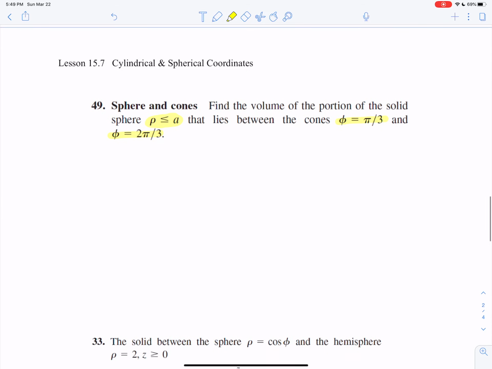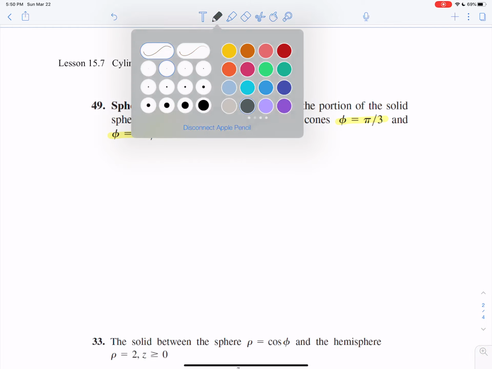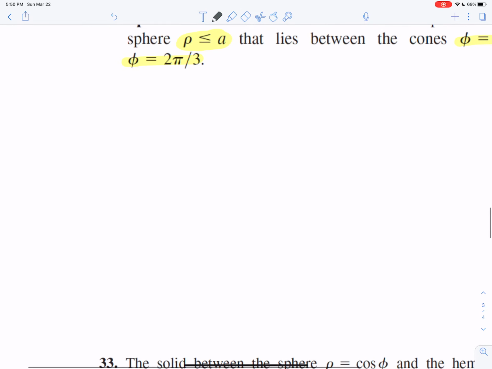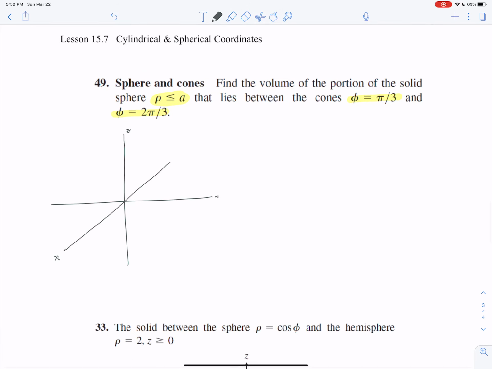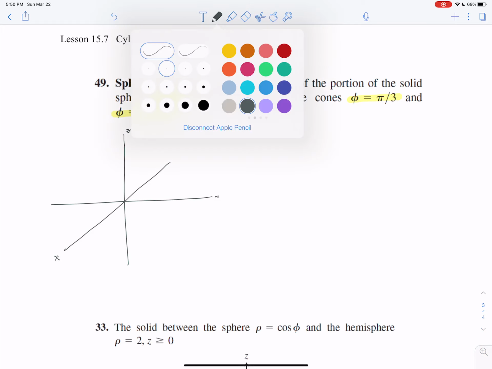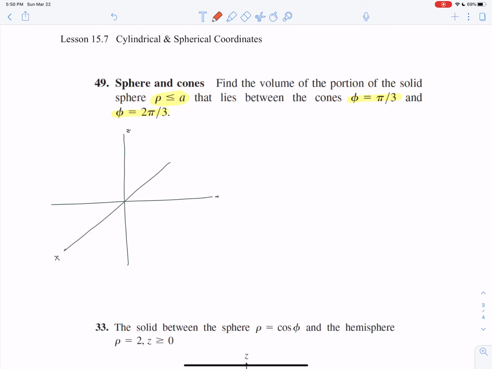So let's again draw a sketch of what this shape is. Spheres and cones. Okay, so this will be x, y, and z. We're finding the volume of the portion between, okay, so I'll do the sphere in red.